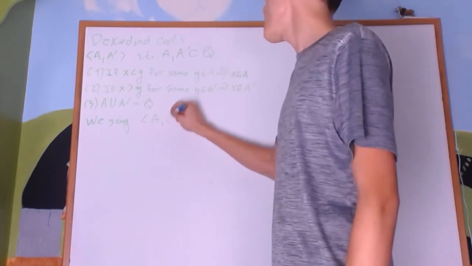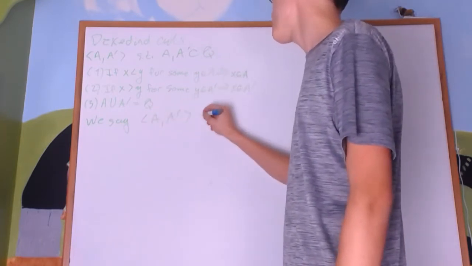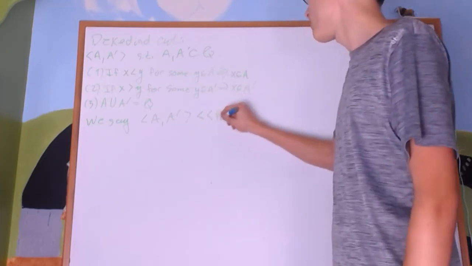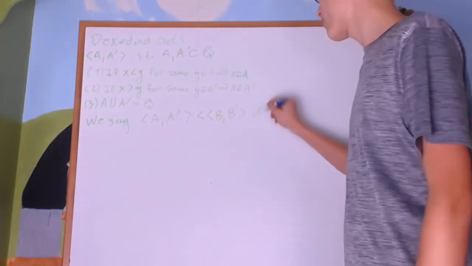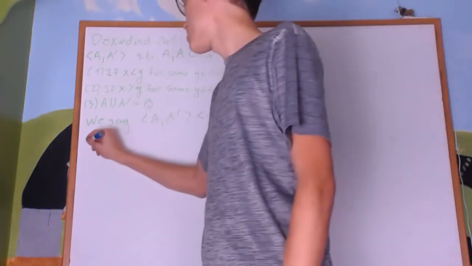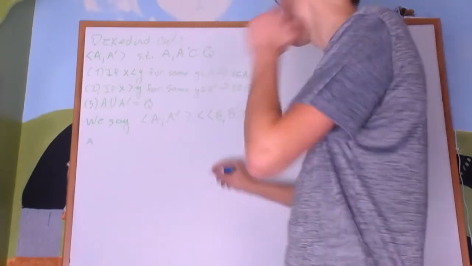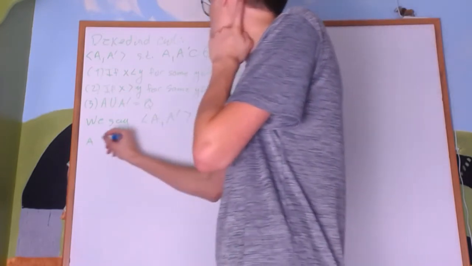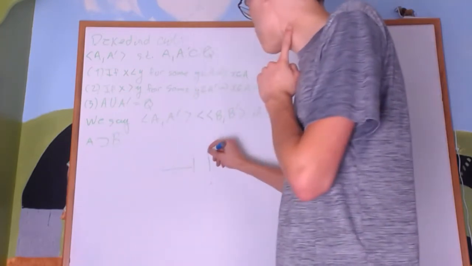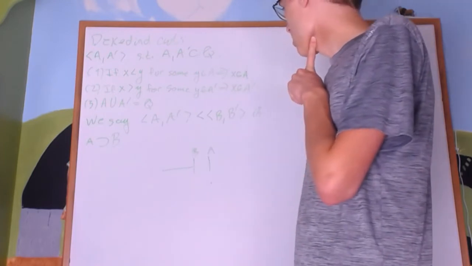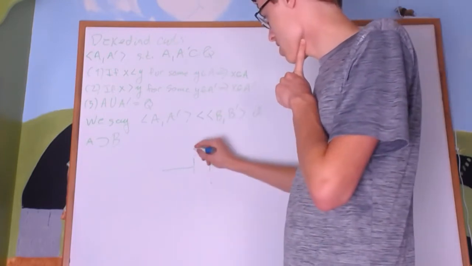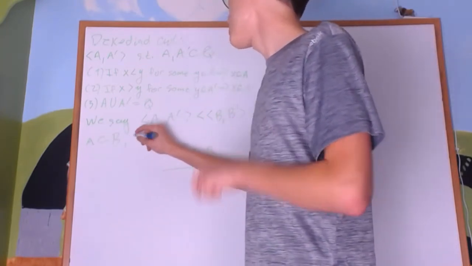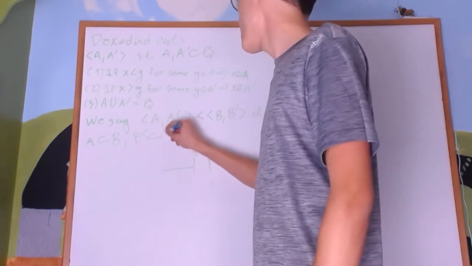So now we say a pair (A, A prime) is less than (B, B prime) if A needs to contain B. So this is A. So I want it, so A is a subset of B, and we need B prime to be a subset of A prime.